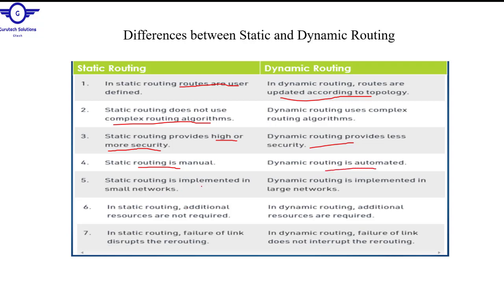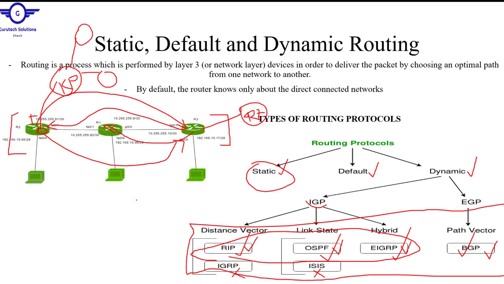Another is that static routing is implemented in smaller networks because you have to manually add routes. For example, let's say there are 20 routers, so you have to go to each of the routers and add the networks whenever they change. But for dynamic, it will do it itself. You don't need to disturb yourself.